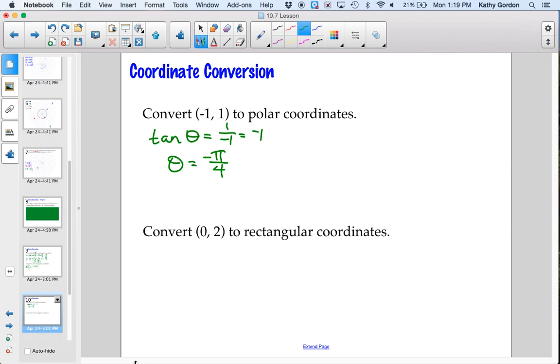There's a restriction on your range. Inverse trig. Having said that, you could then take negative pi over 4, which is the answer. As far as it being an inverse trig function, the only single answer you can get as output from any one given input is negative pi over 4.